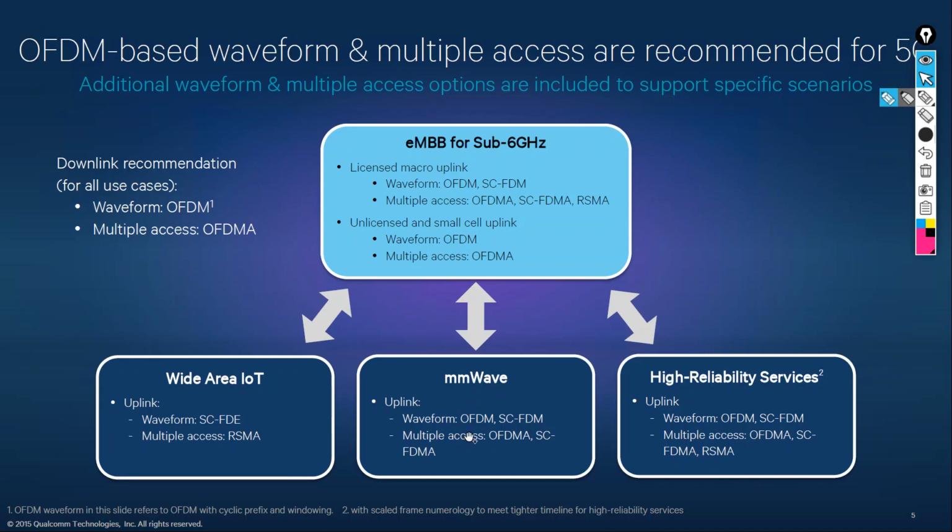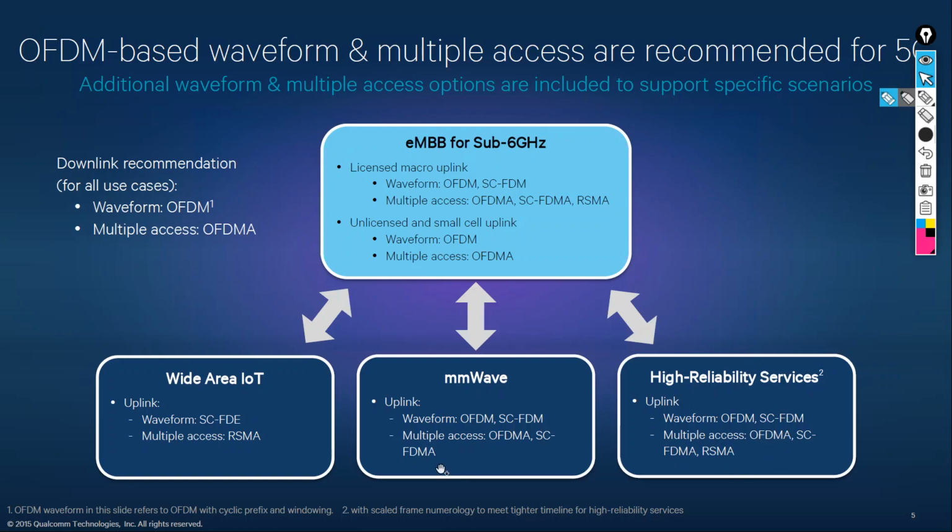In millimeter wave, uplink can be OFDM or single carrier FDM. Multiple access OFDMA or single carrier FDMA. In high reliability services, in the uplink you can use OFDM, single carrier FDMA, multiple access OFDMA, single carrier FDMA or RSMA.